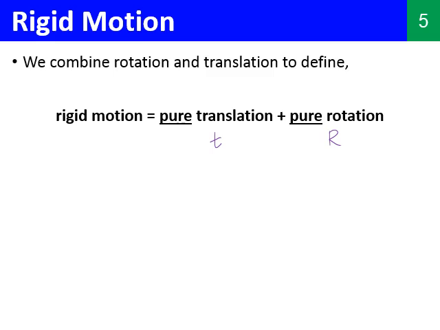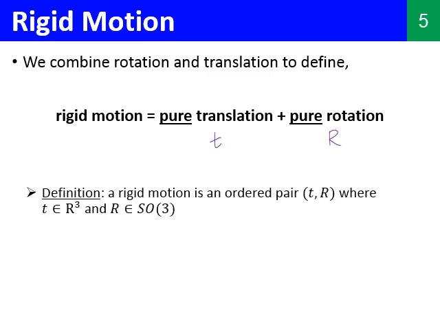A pure translation means it deals with straight line motion where no rotational influence is there. Just a basic straight line motion. Similarly, pure rotation means on the spot rotation and no change of origin of the attached frame is involved. So it rotates on the spot and the origin does not change.